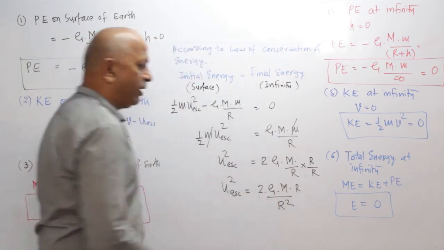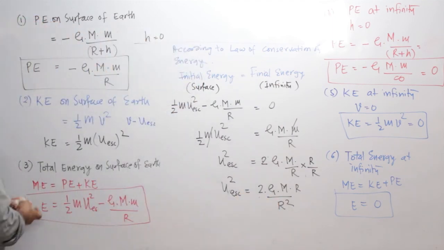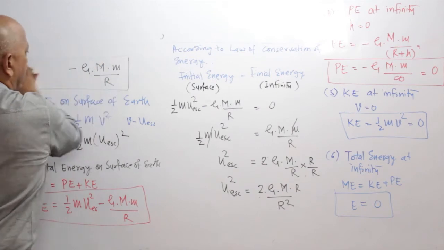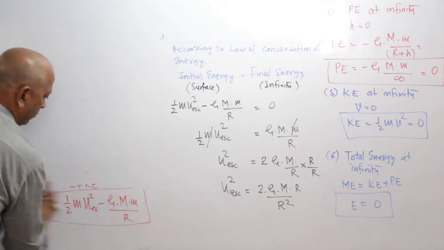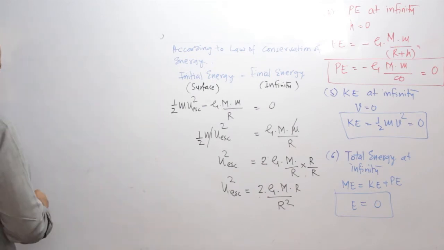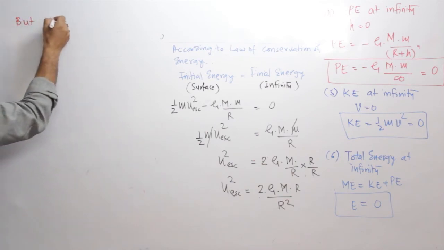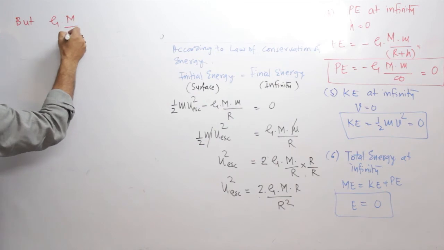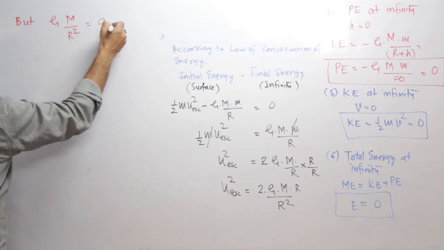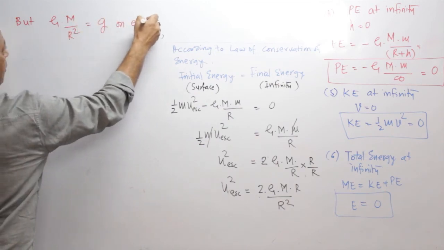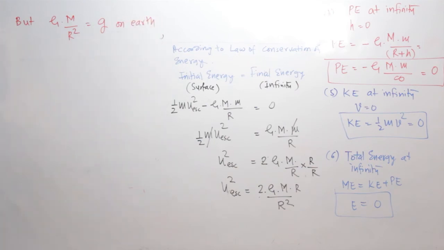But what is GM upon r square? GM upon r square is equal to g on earth. Is it not? It's the value of g on earth.